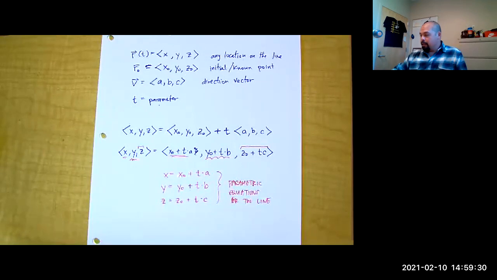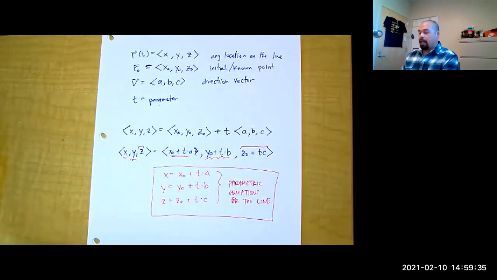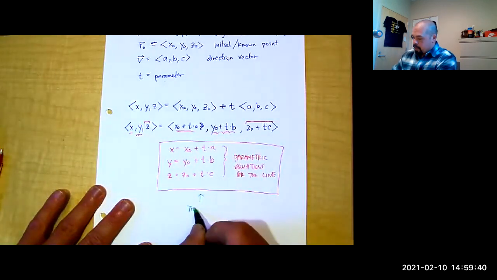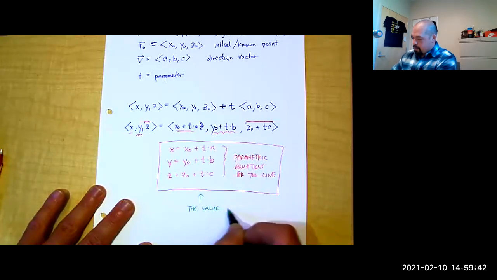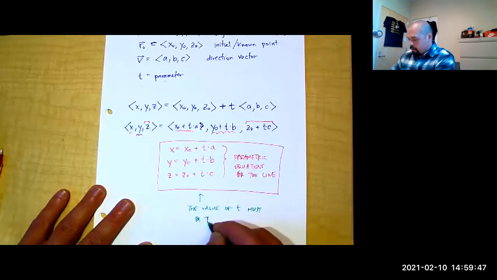So we have our vector format, we have our parametric equations, and here that value of t being used must be the same for all equations, for all those components.